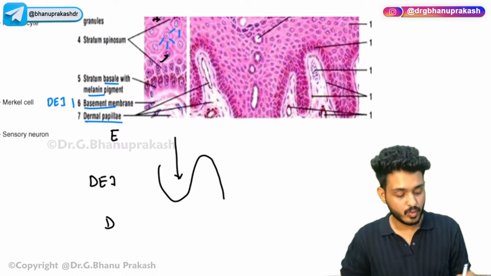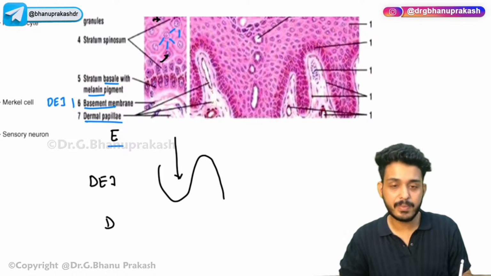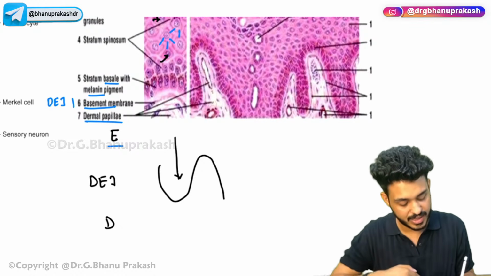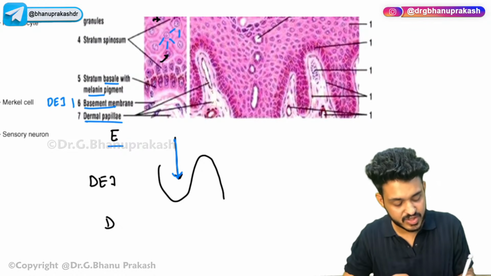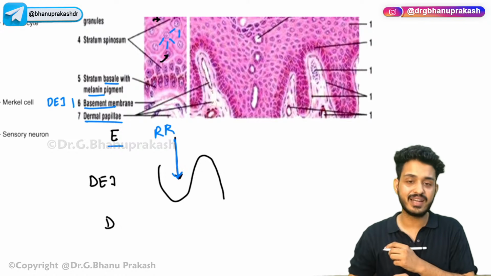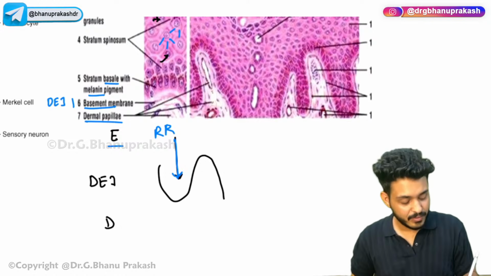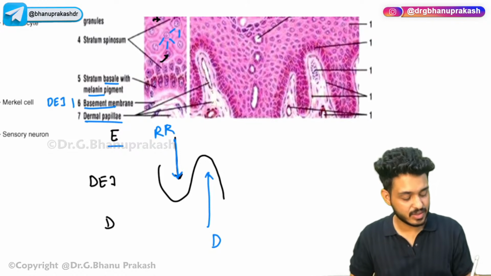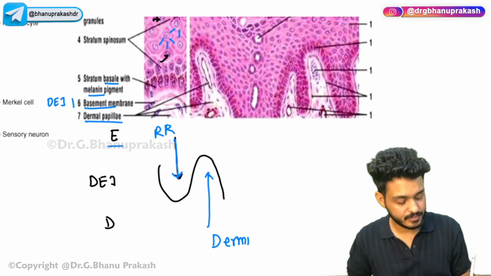When epidermis is invaginating into dermis, this part of epidermis going into dermis is known as rete ridges. Simple, right? When the dermis is trying to invaginate into epidermis, this is known as dermal papilla.